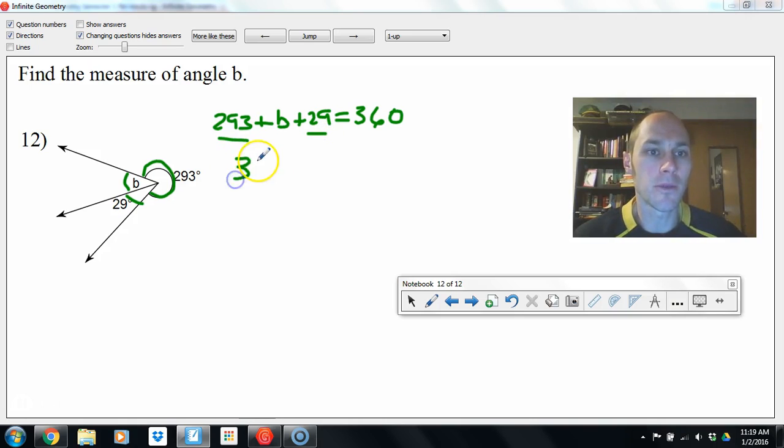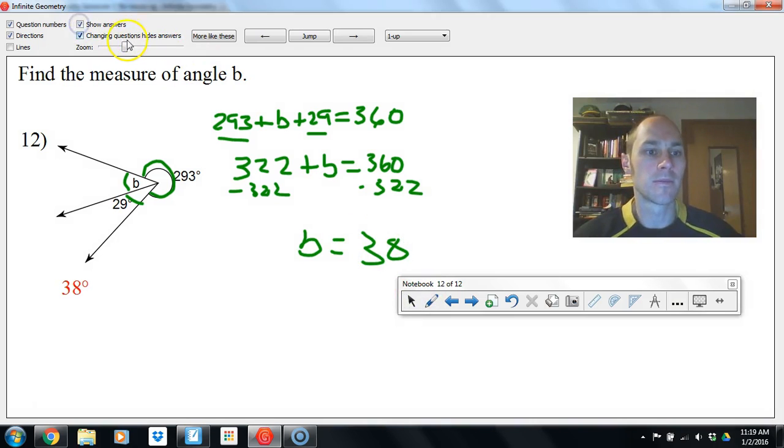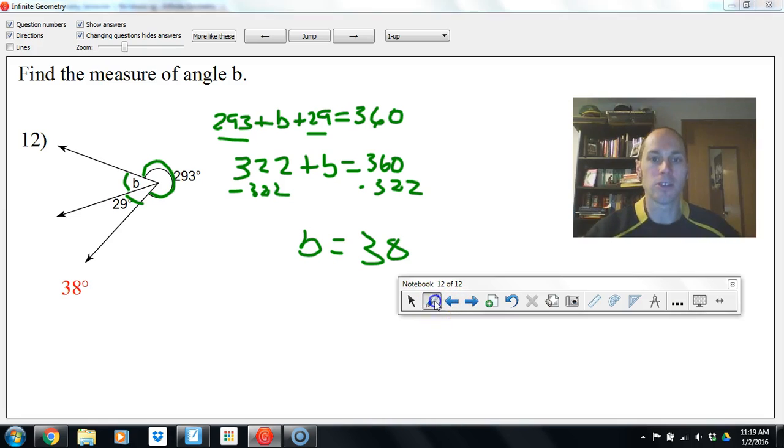This is going to give me 322 plus B equals 360. And if I subtract 322 from both sides, I get B equal to 38. And that would be 38 degrees, if you want to be specific and precise.